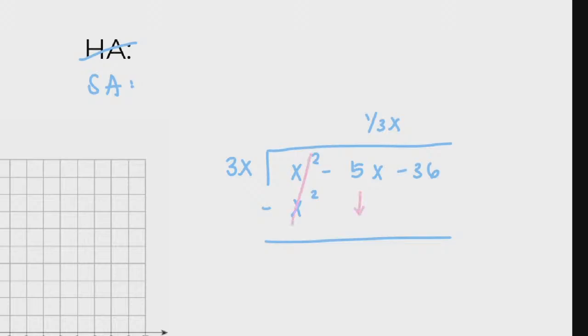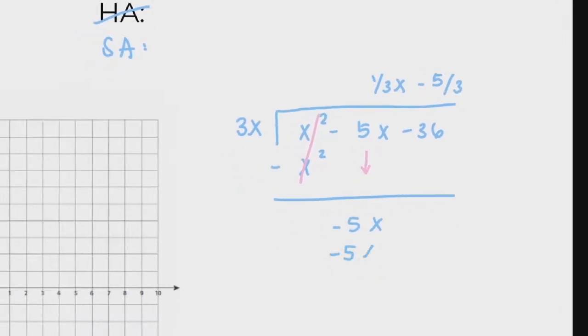Then we're going to bring down the -5x. And to get from 3x to -5x, we have to multiply by -5/3. So this will be -5x. And then this will cancel out when we subtract. And then the remainder would be -36, but we don't have to do anything with this.